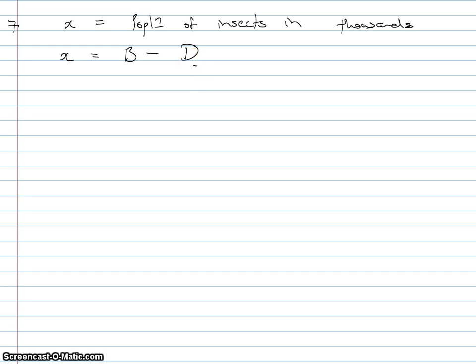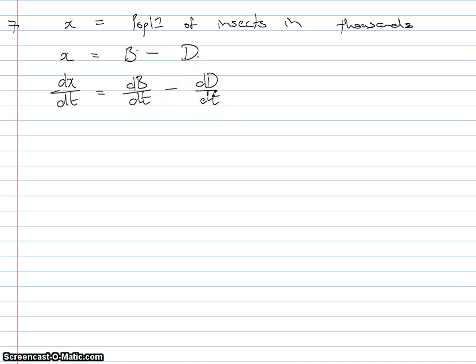Obviously these two numbers get very, very big if we talk about every bug that's ever lived. So to deal with something more manageable, we differentiate both sides with respect to t, and we find that the growth in the population is going to be the birth rate minus the death rate.